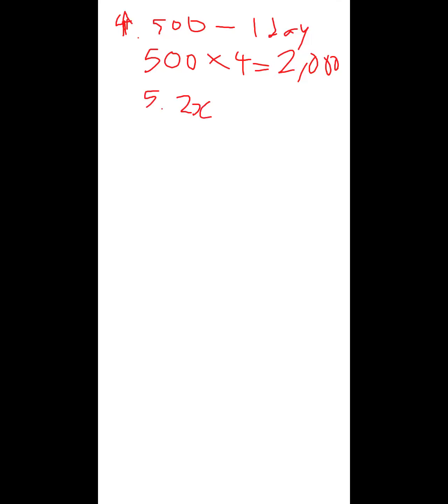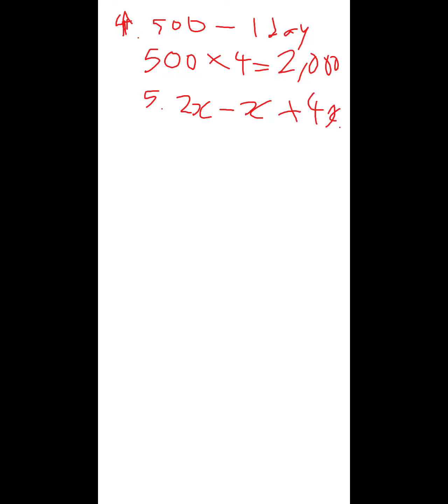So what I done was, 2x minus x plus 4x. I turned the minus x into minus 1x.